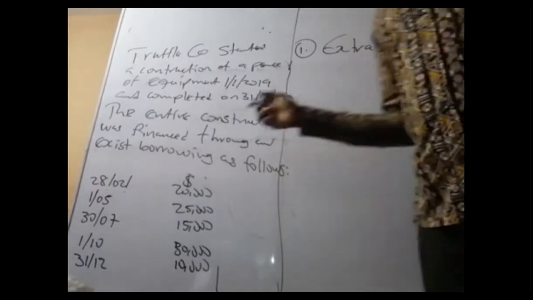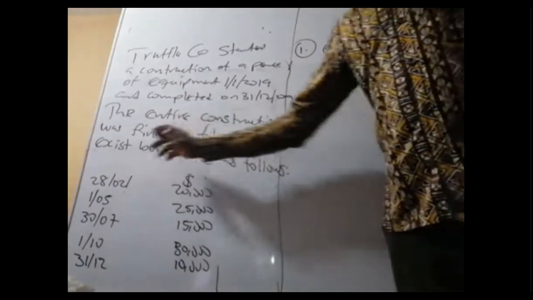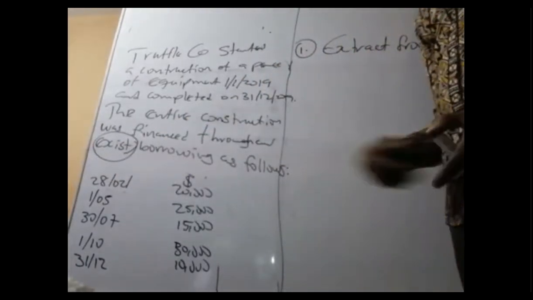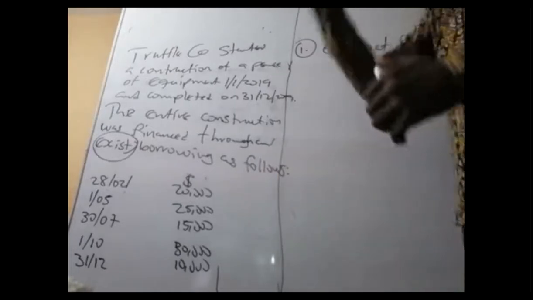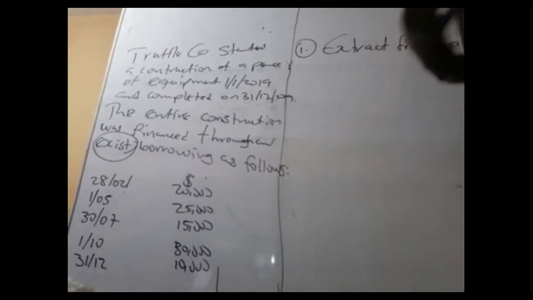We're informed that it was financed entirely through an existing borrowing. If it's an existing borrowing, then they have to give us the list of all their existing debts, so that we can strike the average interest rate that we should use.